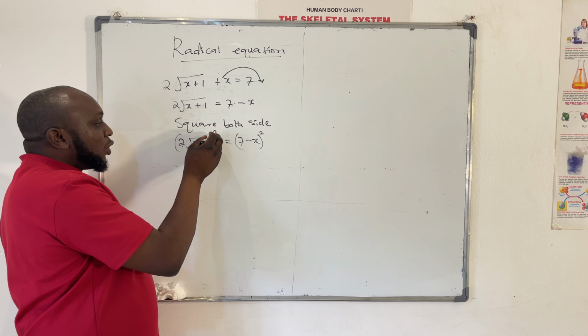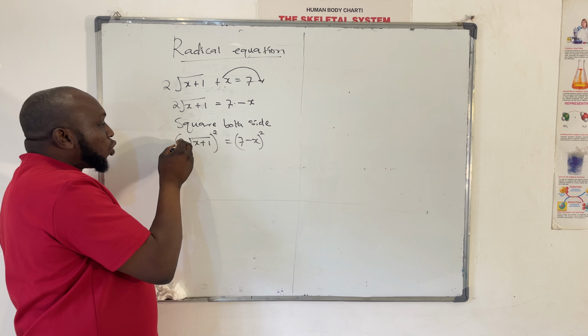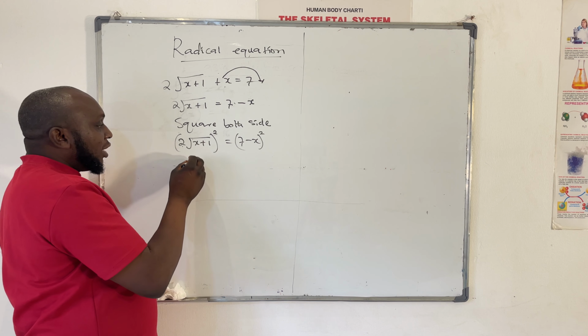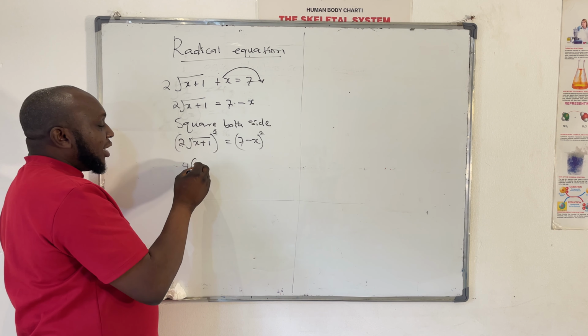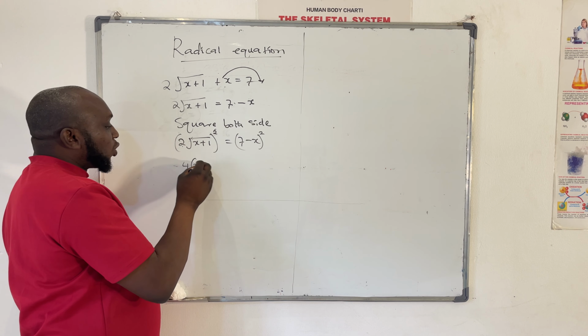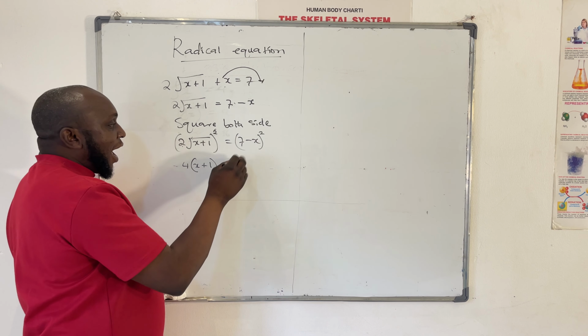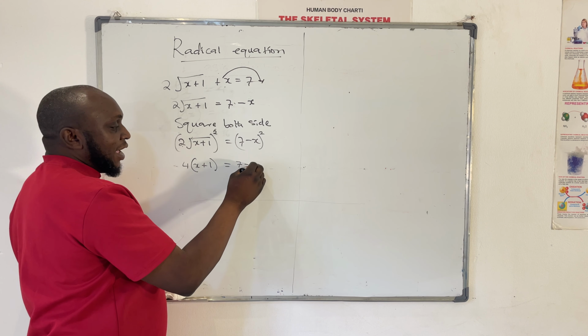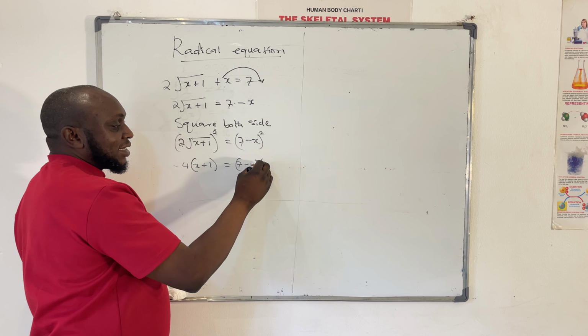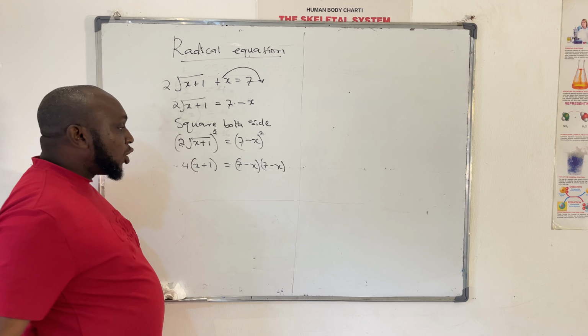So before we use this one to cancel this root, 2 squared will give us 4 into the bracket of s plus 1. And this 7 minus s squared is the same thing as 7 minus s times 7 minus s.